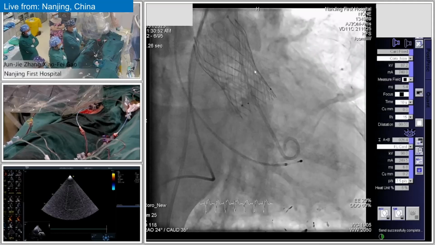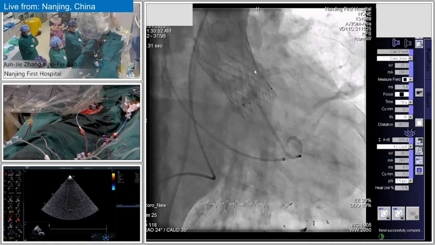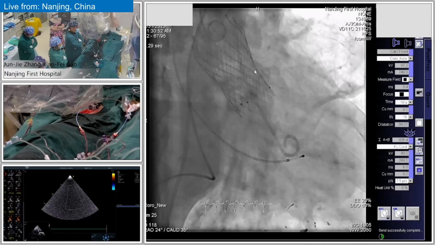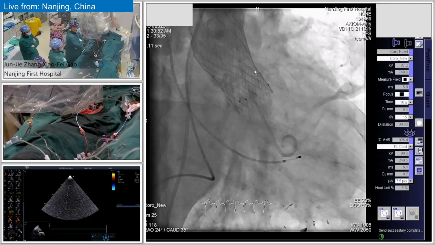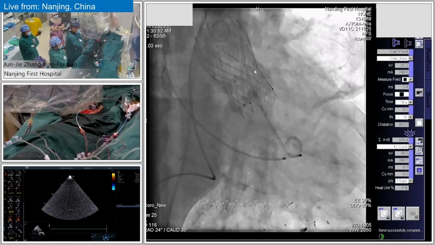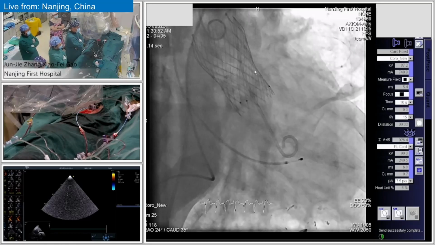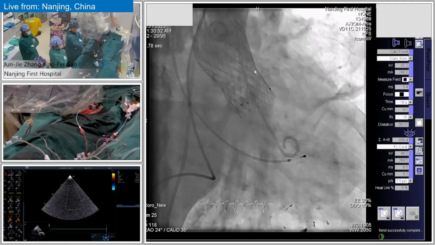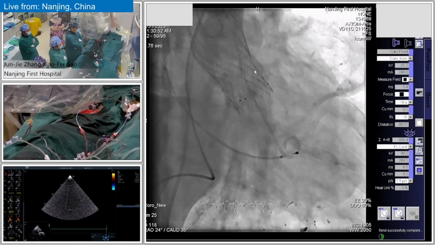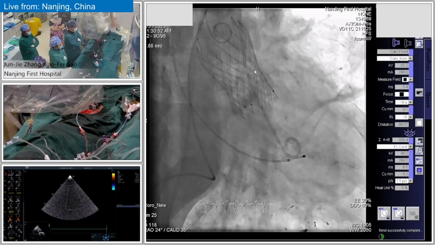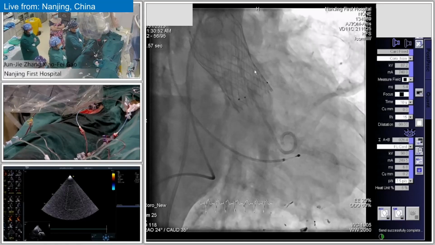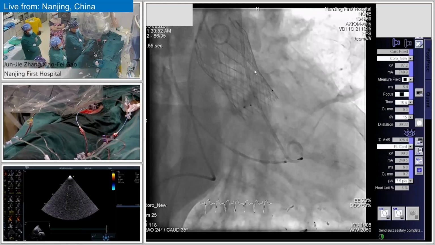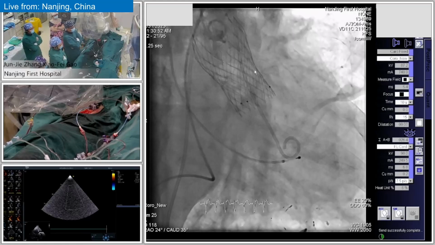But for me, if the case has severe calcification, if the valve is underdeployed, and the velocity or mean gradient is high after TAVI, maybe I will be concerned about durability. But so far there is no long-term data. We still need long-term data of at least 5 or 10 years.